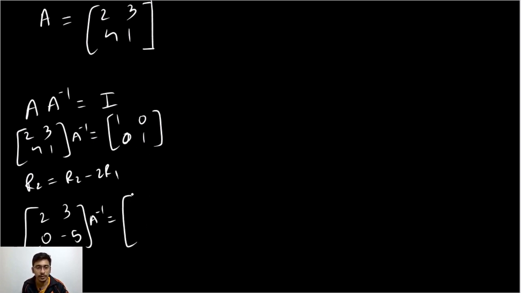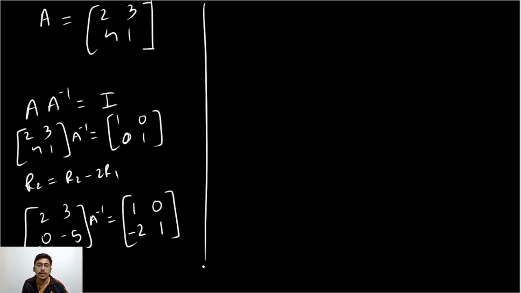What will I write for R1? 1 0 is for sure, but then R2 minus 2R1, so it becomes minus 2 over here. R1 was 0 here, so it won't change, so it will still be 1.